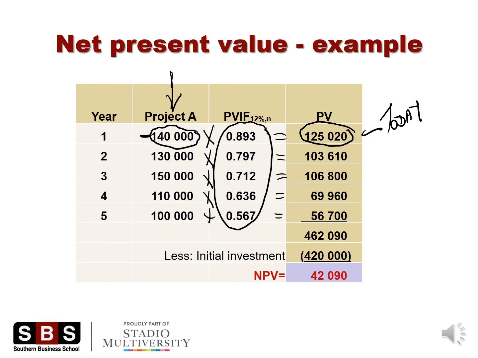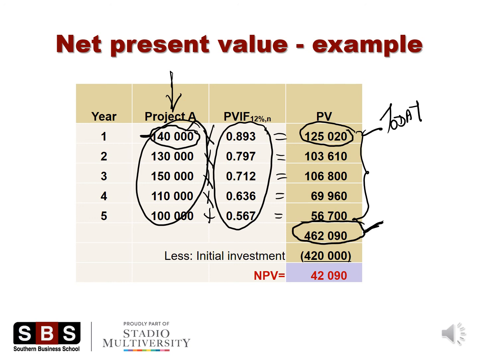What you then need to do is you need to add them up to get the total amount. The total value of these future cash flows in today's money is 462,090 Rand. Right. How much did you have to invest in this project?